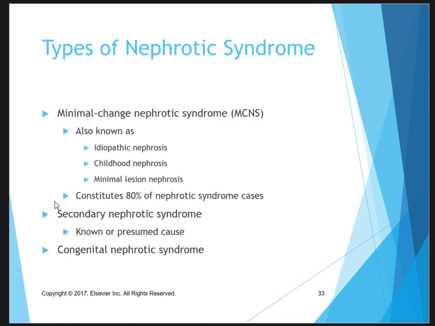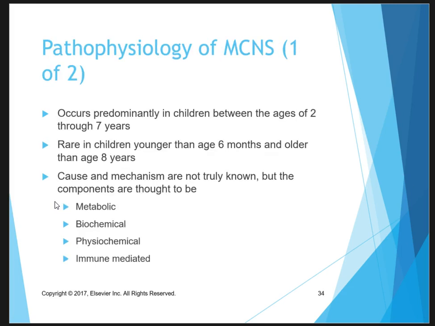So there are multiple kinds of nephrotic syndrome. The book focuses on MCNS, the minimal change, and that's what we're focusing on because it makes up about 80% of the nephrotic syndrome cases. This is going to occur mainly in our kiddos from 2 to 7.